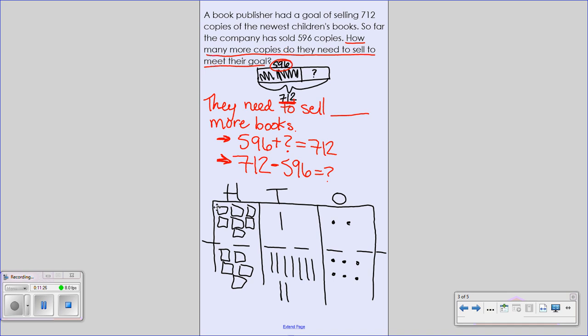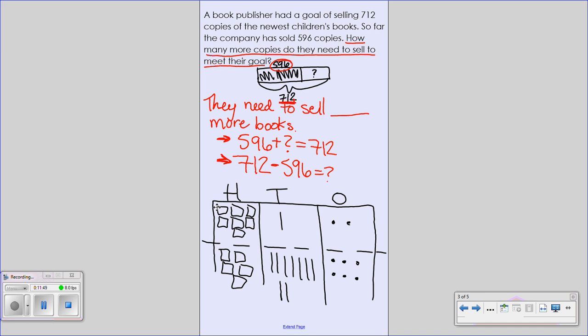Okay, subtraction is tricky. Did you put your numbers in the right order? You have to pay attention to the order that you set up your equation. I can't start subtracting what I don't have first. That doesn't make any sense.